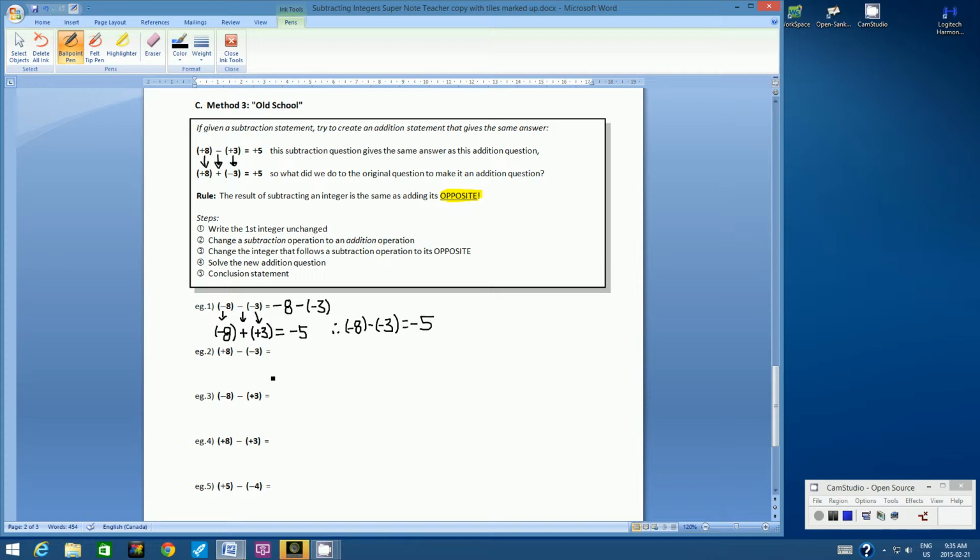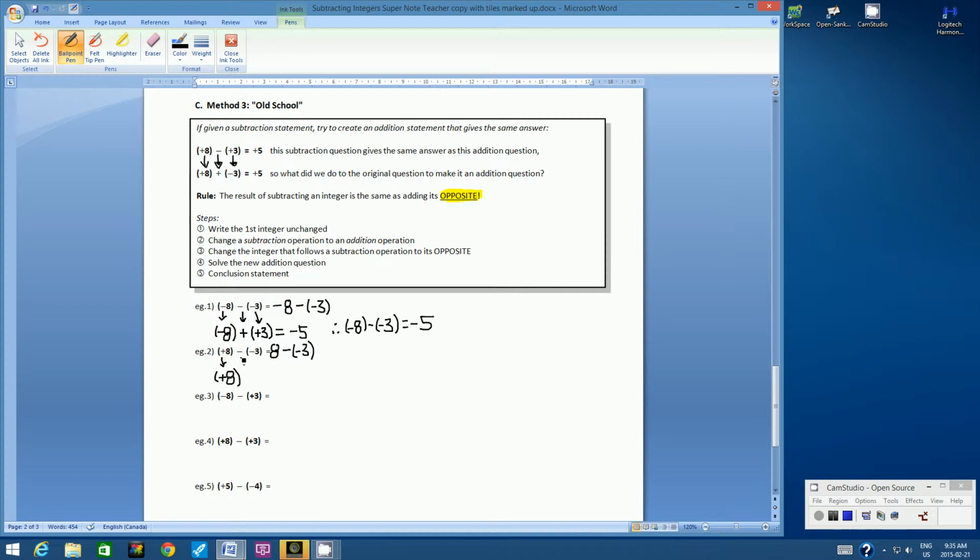Let's go on to example 2. Let's rewrite this in standard form. All right, so we get 8 subtract negative 3. Step 1, write the first integer unchanged.